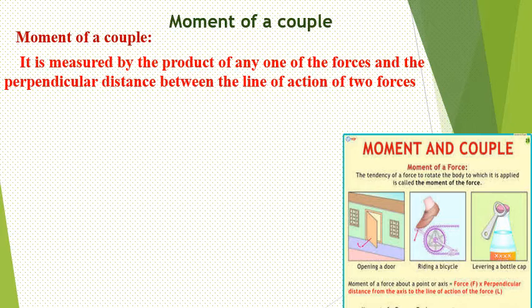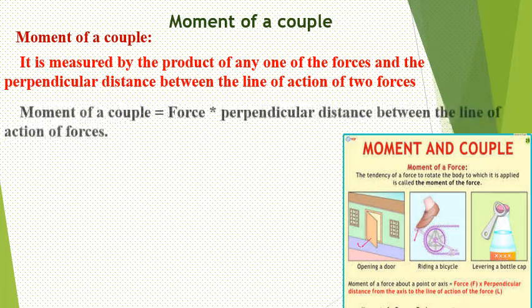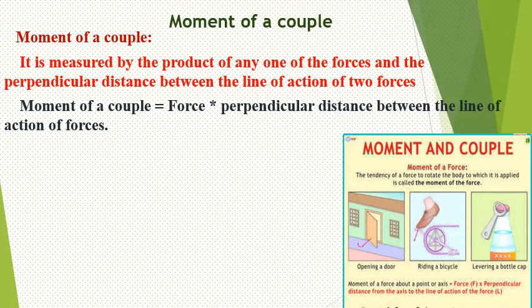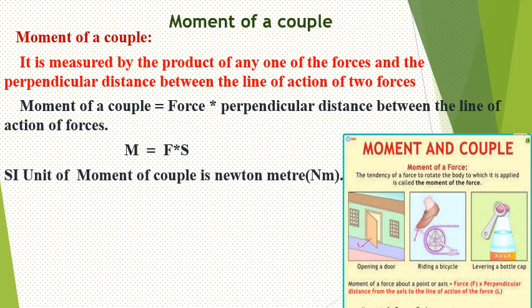So moment of a couple M is equal to F into S, and the SI unit of moment of couple is Newton meter. In the CGS system, its unit is dyne centimeter.